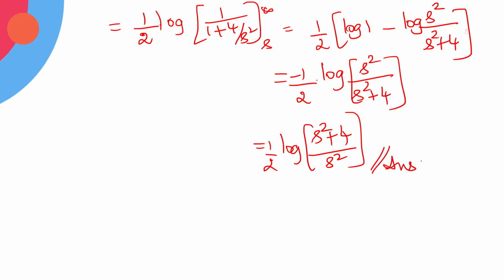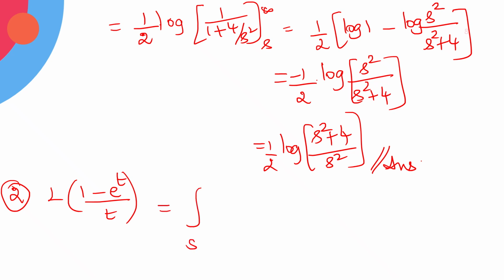Let us try one more problem. Finding Laplace transform of 1 minus e power t divided by t. So here again the given function is divided by t. So we will integrate from s to infinity L of 1 minus e power t into ds.